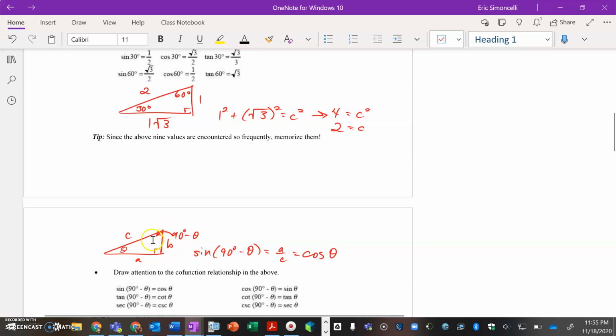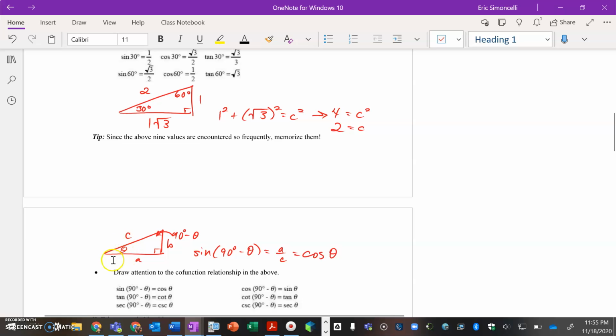So if this angle here is 90 minus theta, what would the sine of 90 minus theta be equal to? Well, the sine of this angle here would be opposite A over hypotenuse C. And as it turns out, the cosine of theta is equal to the same thing.